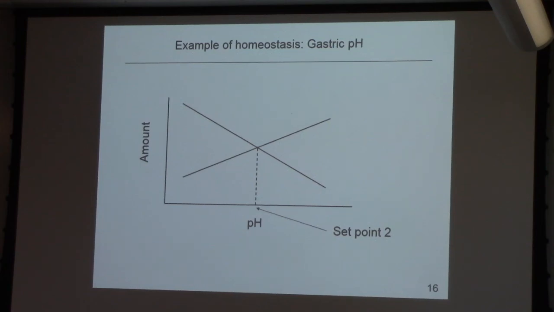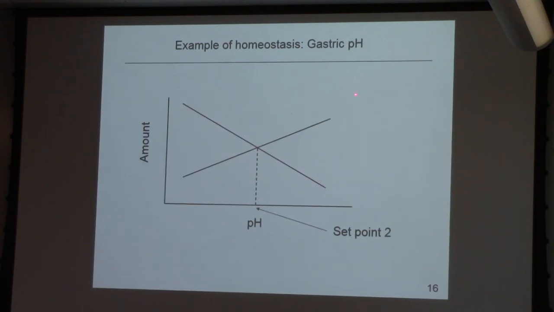So let's unpack this one, and then we'll be done. Anybody want to put a control variable that would tend to raise gastric pH, or alternatively, some control variable that would tend to acidify gastric pH? Brittany? Somatostatin would be on the left side, and then gastrin and histamine would be on the right side.